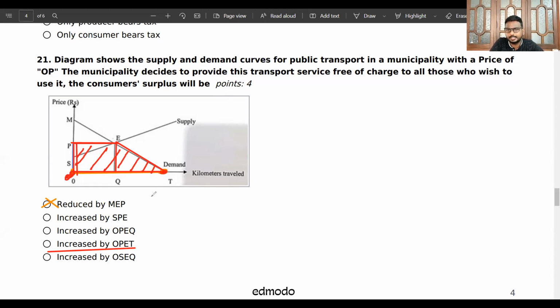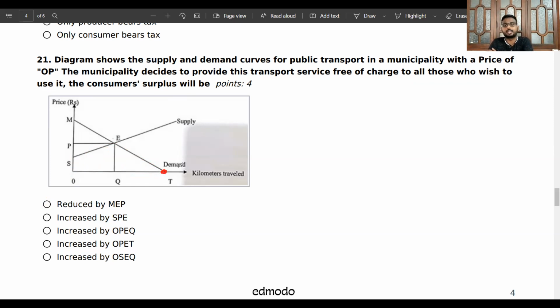How did I decide that? It's based on the question. In the question, they have said the municipality decides to provide this transport service free of charge to all those who wish to use it. That kind of made me decide, since if the price is zero, the demand is here at point T. And that's how I decided that T quantity is being bought by the consumers.